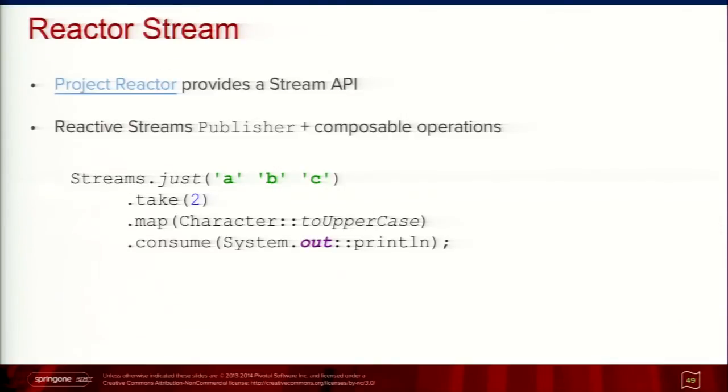And the first thing we'll mention here is Reactive Stream, which provides a stream API. Essentially, you can think of it as a publisher, which is enhanced with further operations. So you can do things like define a stream out of 3 elements, and then you can say, I only want the first 2.